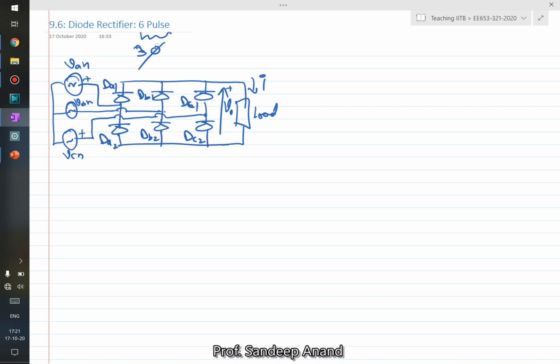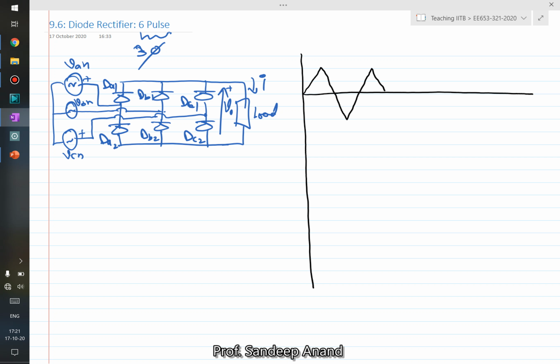Let's try to draw the waveforms for the circuit. Again, let us assume phase sequence ABC. That means phase A is leading, right?